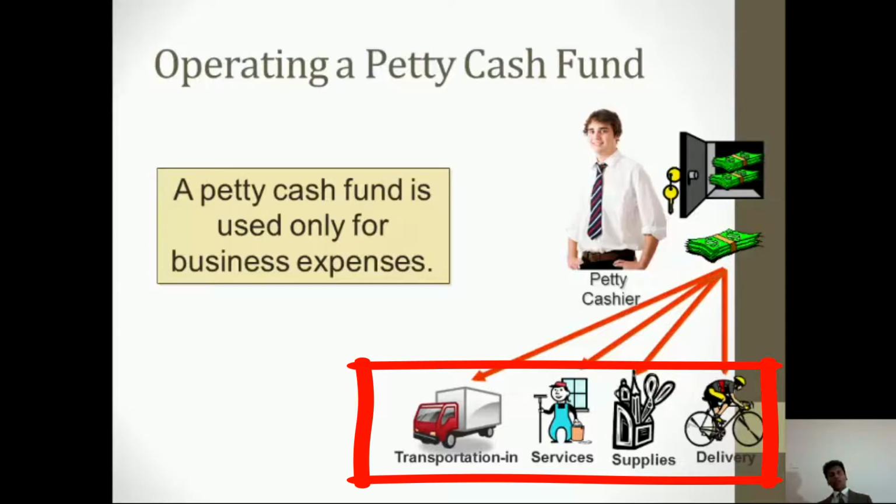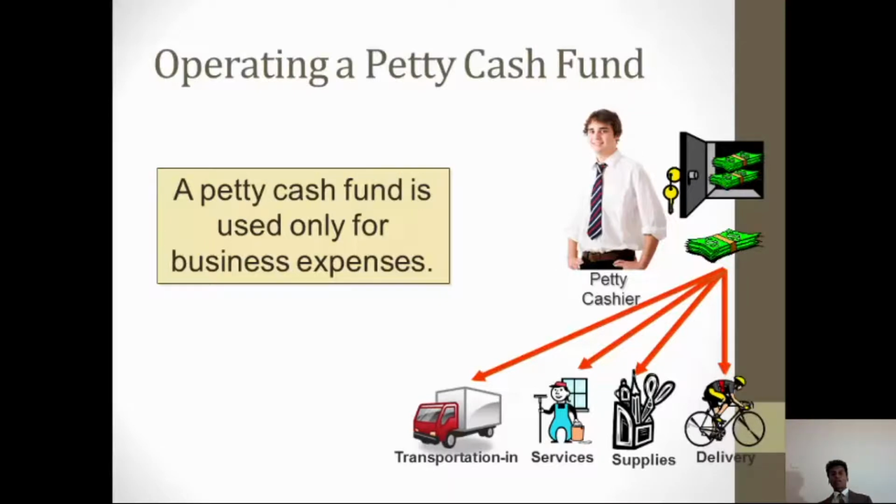When companies maintain such cash balances for petty cash, they have a maximum amount that is called a float. That maximum amount could be $100, and that is the starting amount. And with this starting amount, there is also a minimum float.